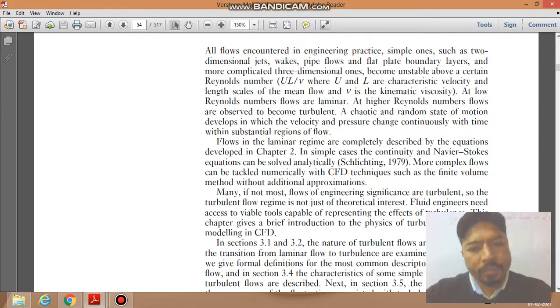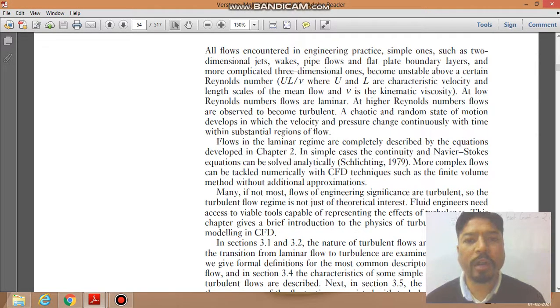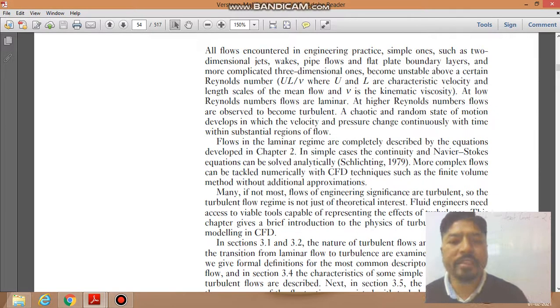Today we are going to discuss the further step in the law of the wall, or how to model the wall in computational fluid dynamics.